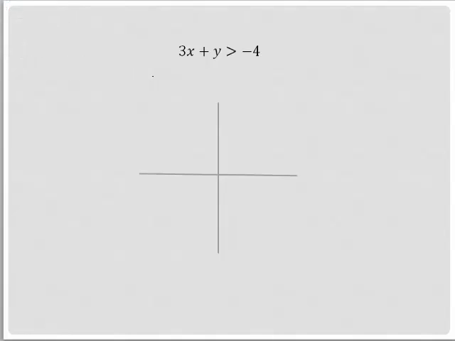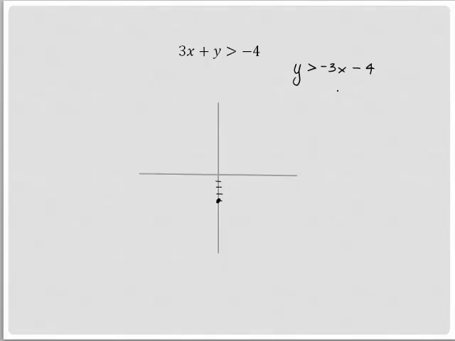Okay, here's another equation. Now, let's put this into the slope-intercept form. So we have y is greater than negative 3x minus 4. Okay, negative 4 is our y-intercept. 1, 2, 3, 4.